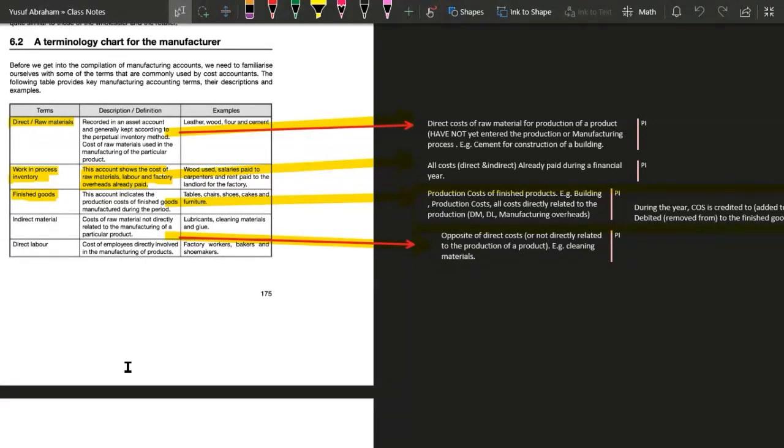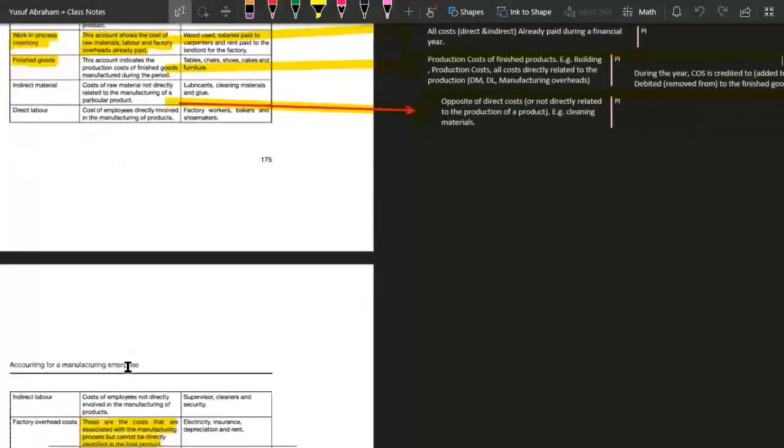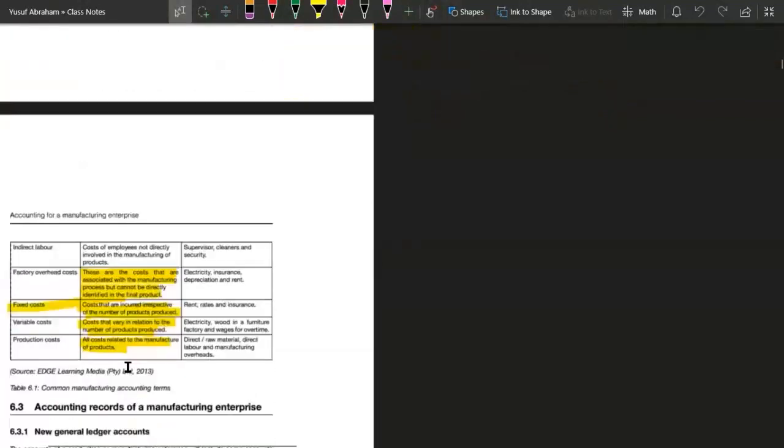So indirect material, you know this term. Do just a bit more diligence in reading again. When you're reading this over and over again, you confirm your understanding, but you are familiar with these terms, right? Direct labor, indirect labor, factory overhead costs.